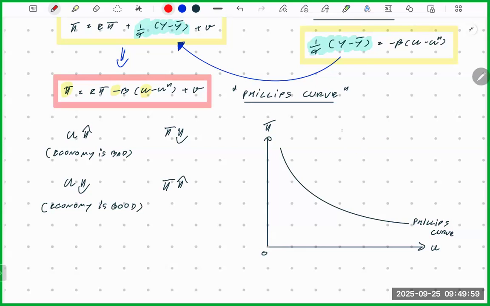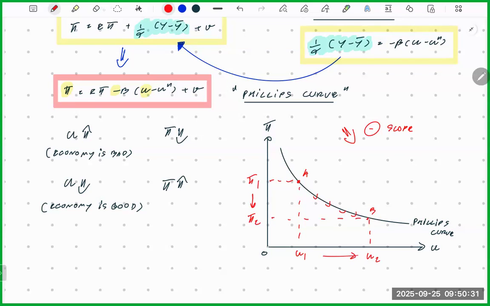If I put down point A, unemployment is low, U1, and inflation is high, pi 1. Moving from A to B, if unemployment becomes higher, which means the economy is bad, inflation is going to be lower, which means everything is going to be cheaper.